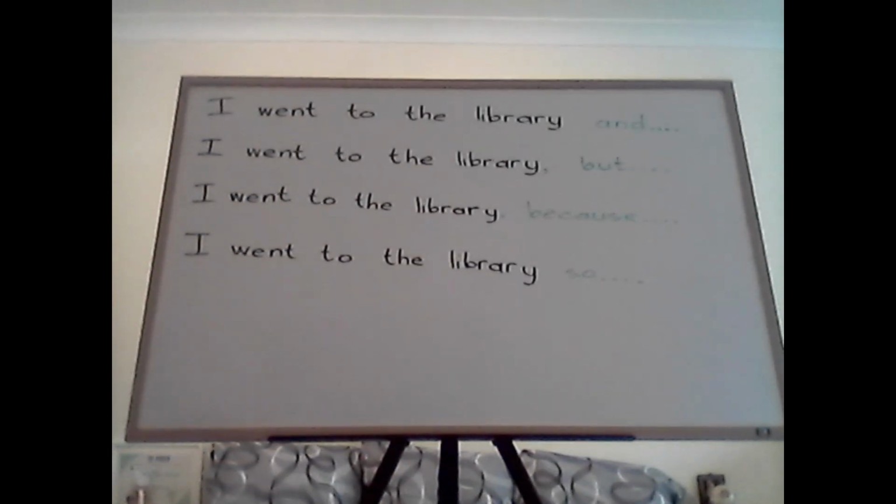Also, try to finish these 4 sentences in the comments. I went to the library and. I went to the library but. I went to the library because. I went to the library so.